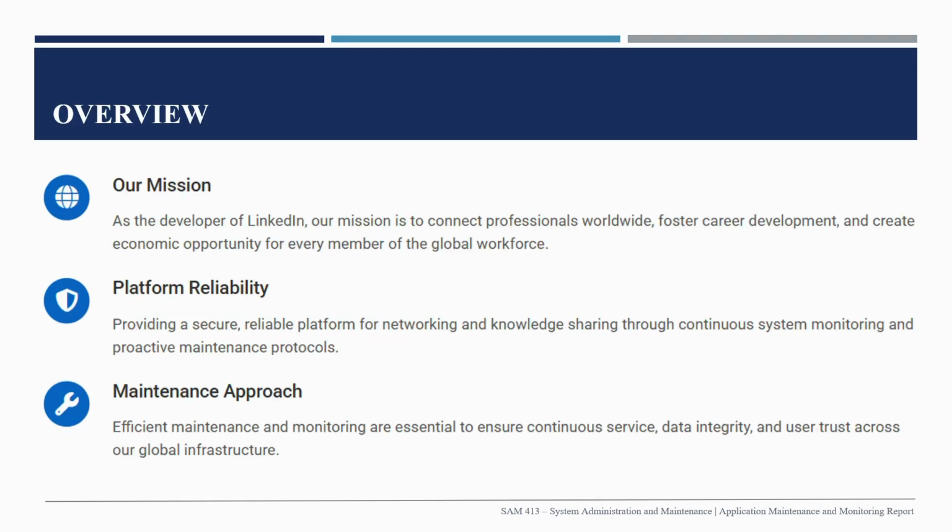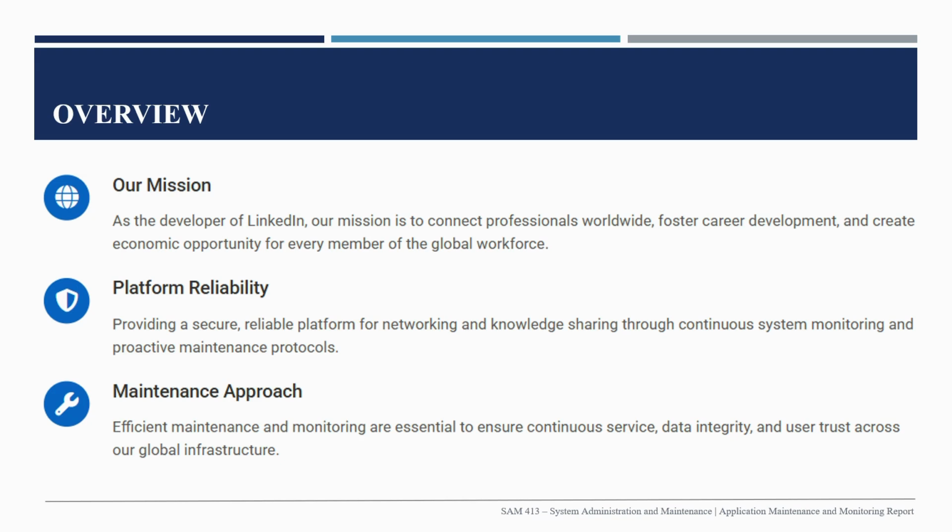This presentation will examine LinkedIn through three critical lenses of system administration. First, we'll explore the advantages of LinkedIn's architecture, particularly focusing on data security, scalability, and upgrade mechanisms. Second, we'll address the realistic challenges and disadvantages that come from managing such a massive platform.